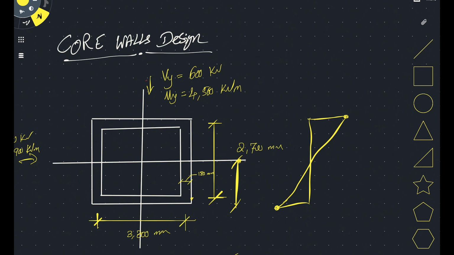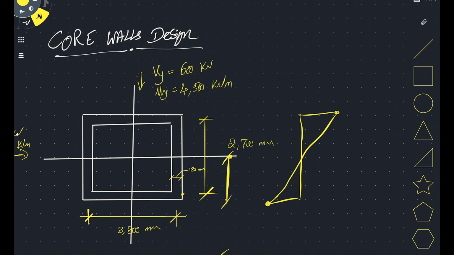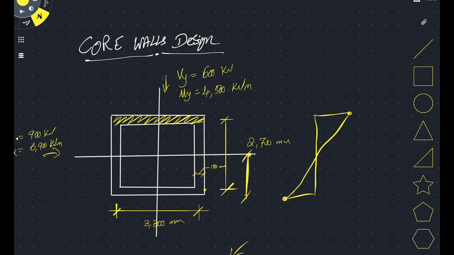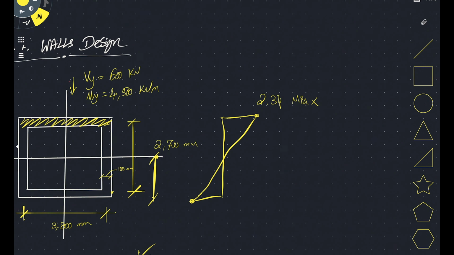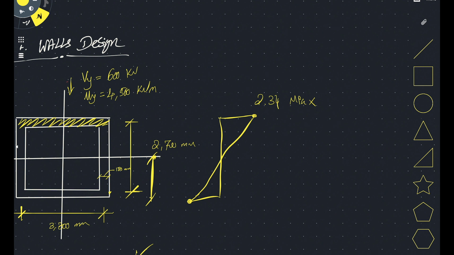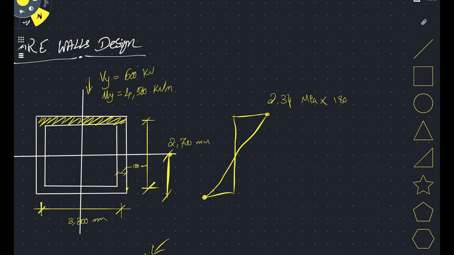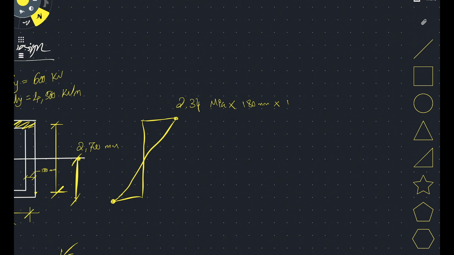And with this stress, we can design for our compression and tension forces. So with this 2.34 MPa, if you want to know how much your tension force is, for example, along the tension flange over here, you take your 2.34 MPa. This is a stress, so you multiply it by the section of the flange, which is 180 millimeter, and you multiply by 1000 if you want to know the tension force per meter.